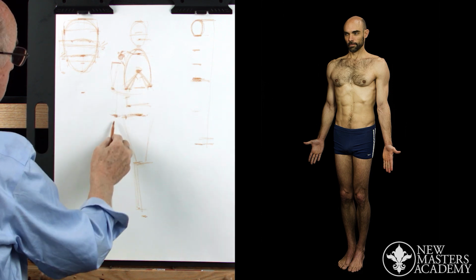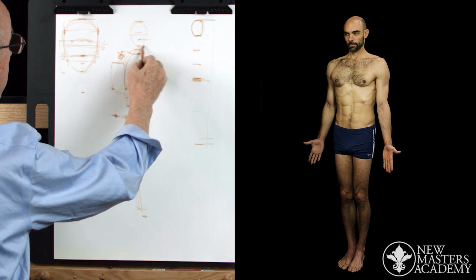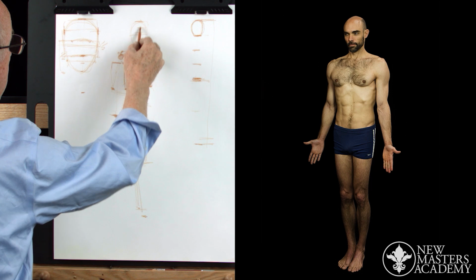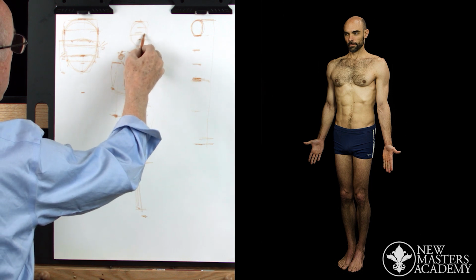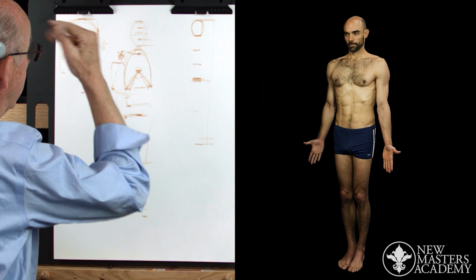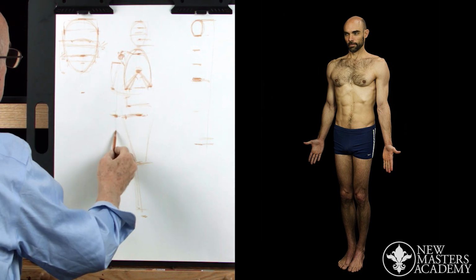So then the hand itself is equal to what we refer to as the face, where we break the head down into roughly quarters. You would find that where you have the theoretical hairline, the hand is the face.